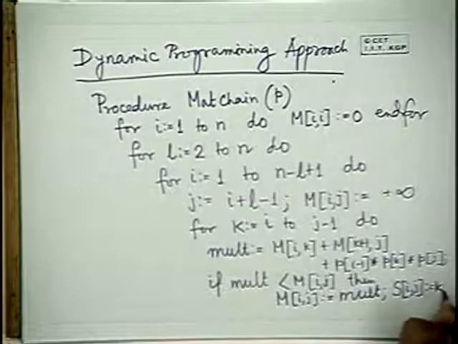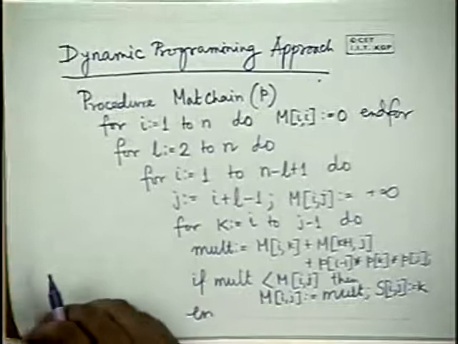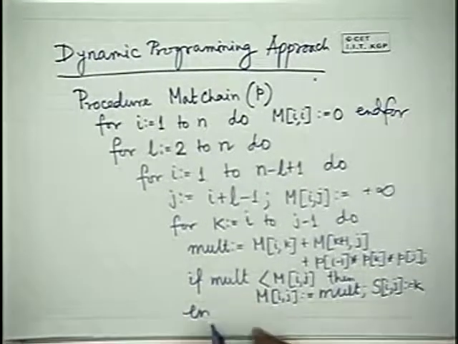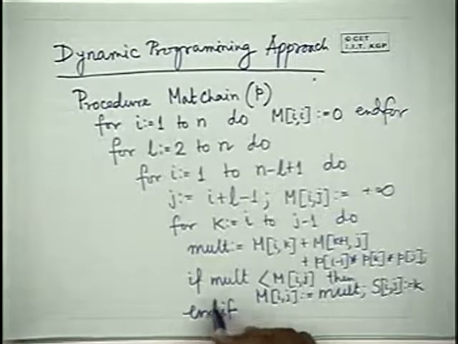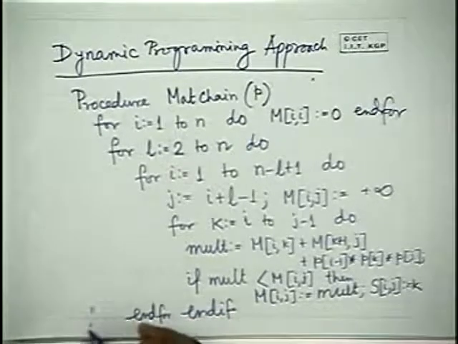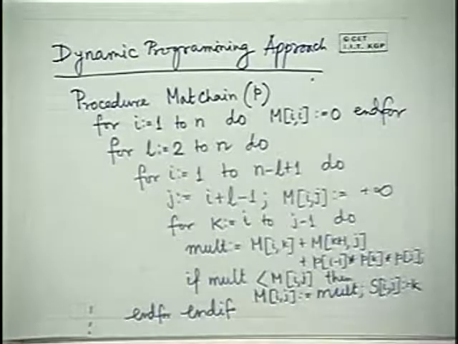So for the time being, yes, just 1 minute. Can you see it now? Okay. S ij is equal to k, and if then end for, we just close all this. Okay. So that's the entire algorithm.